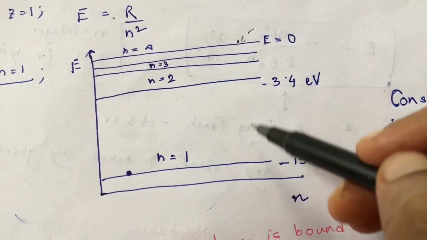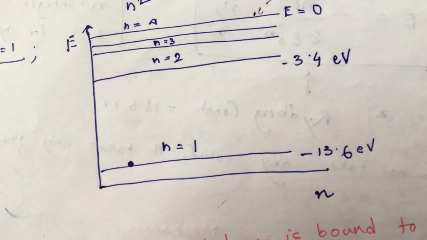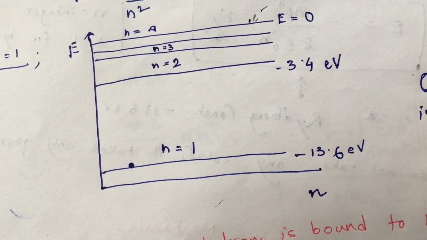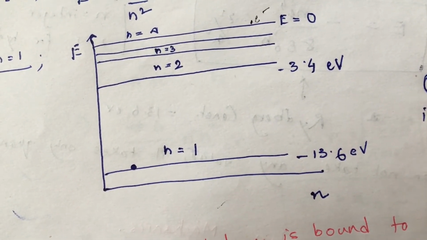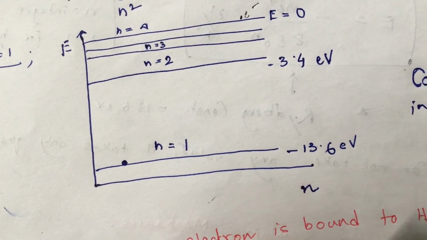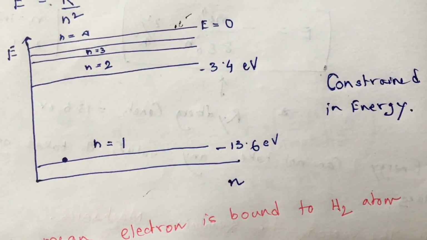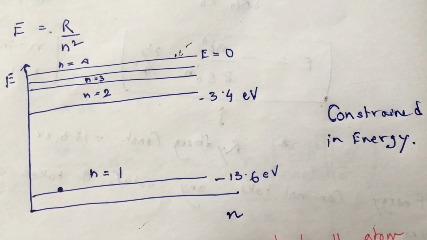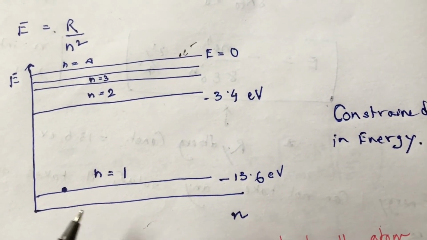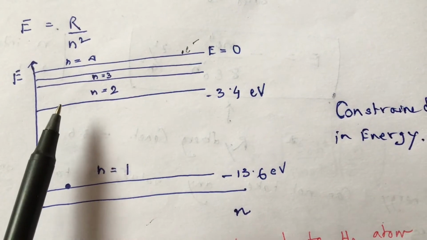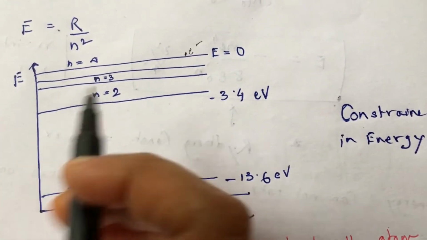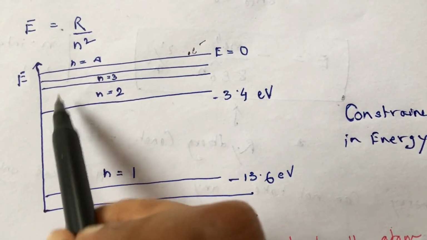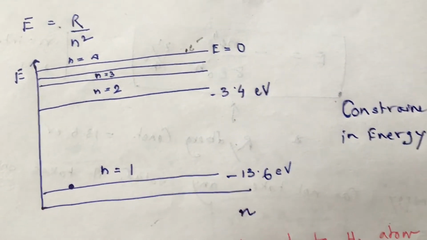But in all these energy levels, these negative energy values suggest that the electron must be in a bound system, and this energy level diagram shows us that there is a restriction in the energy. The electron can reside here, here, here, but not here, not here, not here.